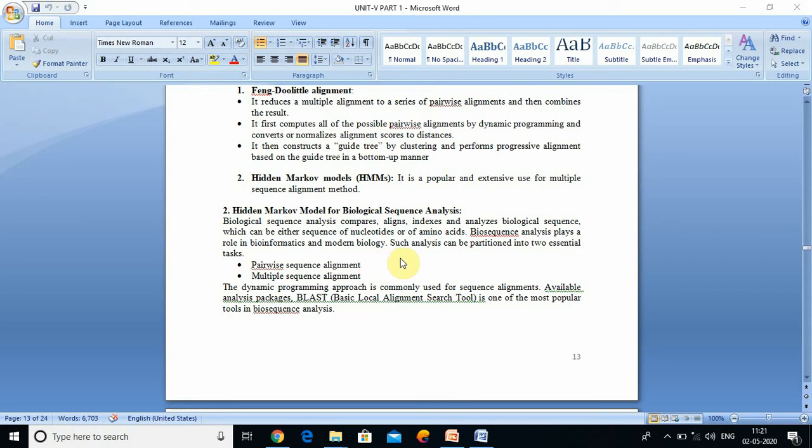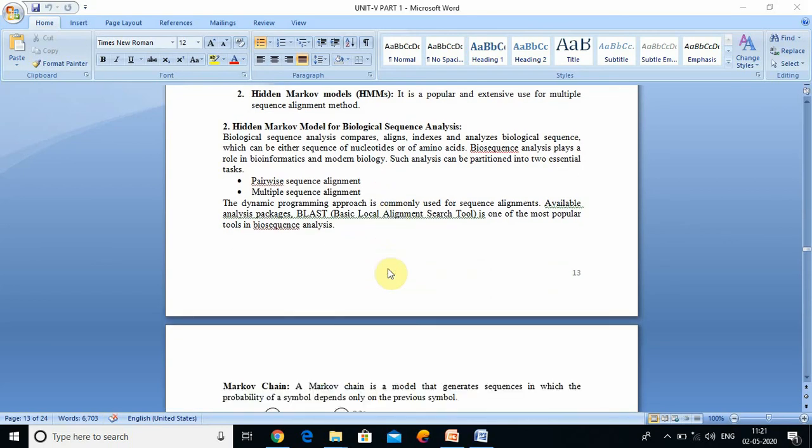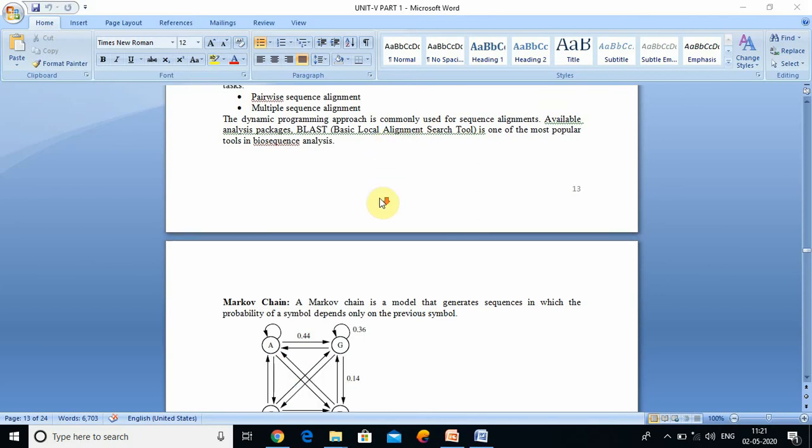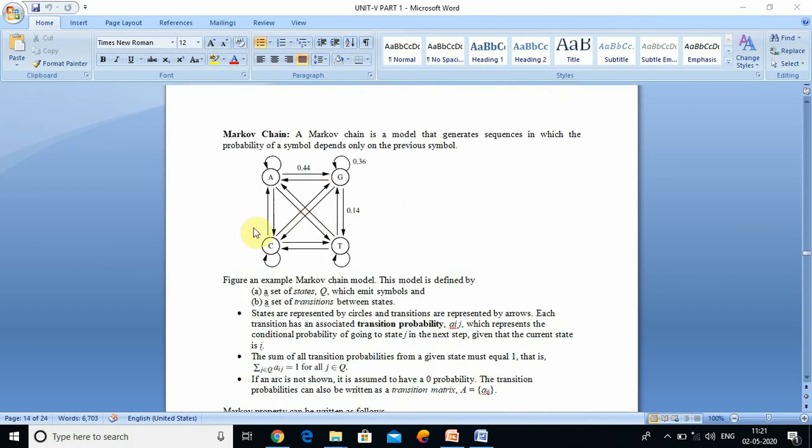Such analysis can be partitioned into two essential tasks: pairwise sequence alignment and multiple sequence alignment. The dynamic programming approach is commonly used for sequence alignments. Among available analysis packages, BLAST, basic local alignment search tool, is one of the most popular tools in biosequence analysis.